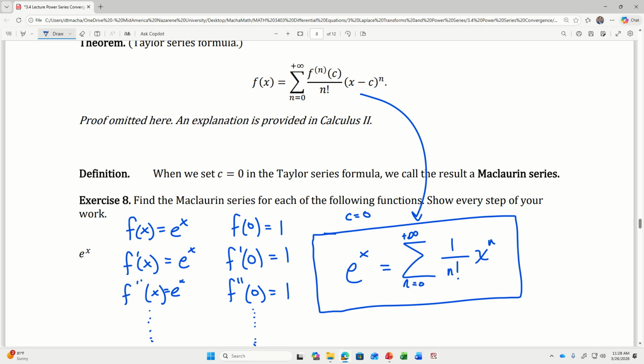Again, the reason for that is because every derivative of e to the x is e to the x, and then when I evaluate that at 0, I get 1. I divide by n factorial, and then when I take x minus c, we take x minus 0 to the power n, right? It's our Maclaurin series for e to the x.